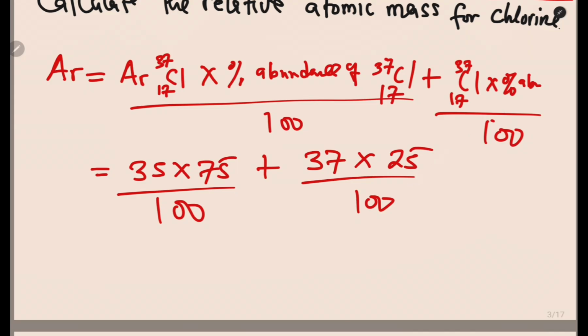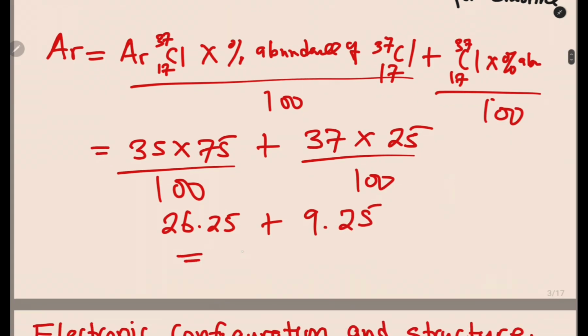What are you able to find? Okay, so 35 multiplied by 75 divide 100 is 26.25, if I'm not mistaken, plus here it is 9.25. And when you add these, you should be able to get 35.5.